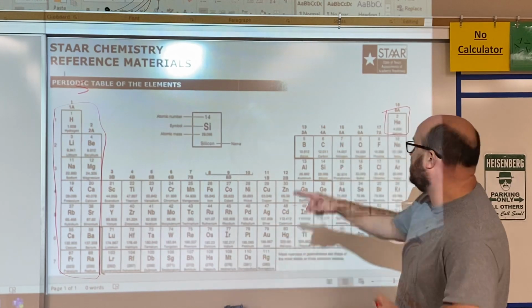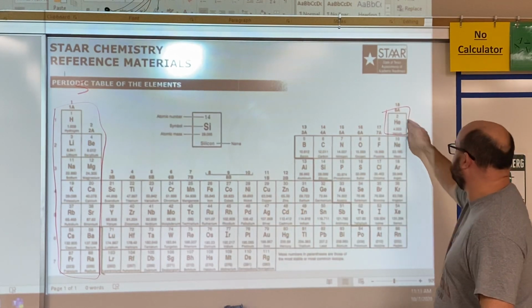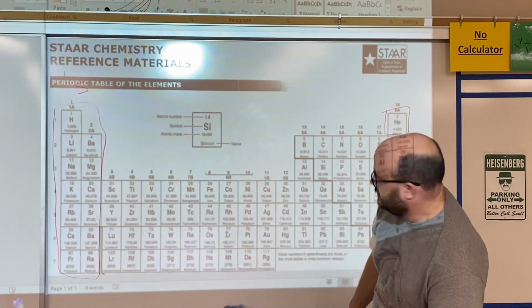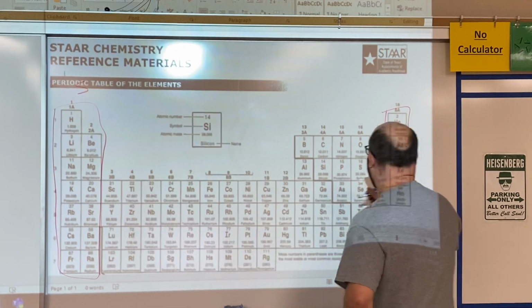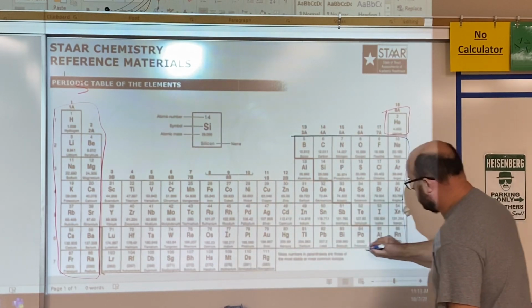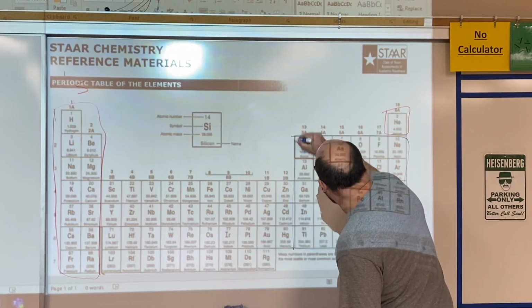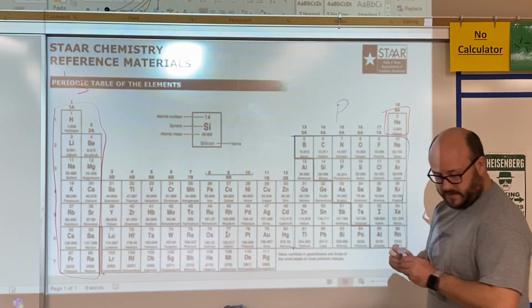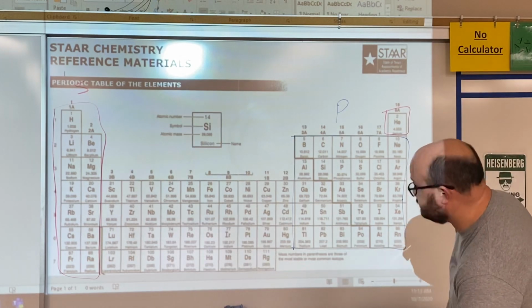In the red, that's the S sublevel, and that includes helium. Helium is technically right there. The blue, that's the P sublevel.